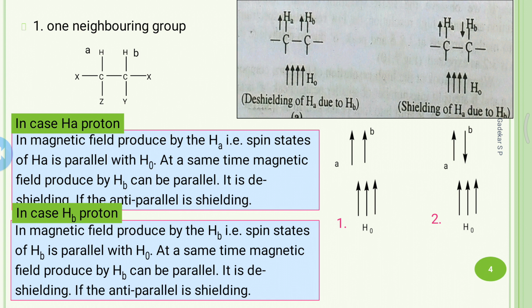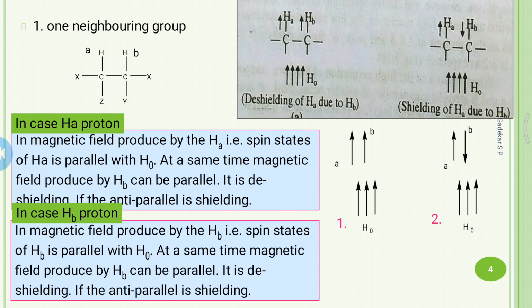Example first: the spin of the A proton interacts with the applied magnetic field and they are parallel. So it is the de-shielding pattern. Second example: suppose A interacts with the applied magnetic field and is paired opposite, forming a shielding pattern.